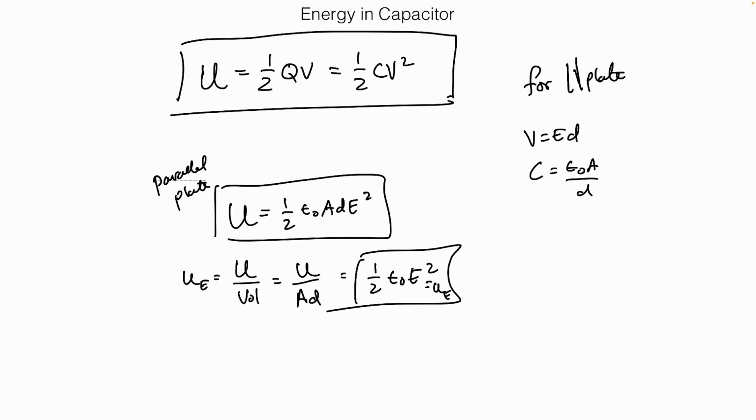So again, just some real quick oh gee whiz results from just knowing the basic equations for capacitors. I can tell you energy, I can tell you electric field, I can give you the energy density, how many joules per cubic meter is being stored in this system.